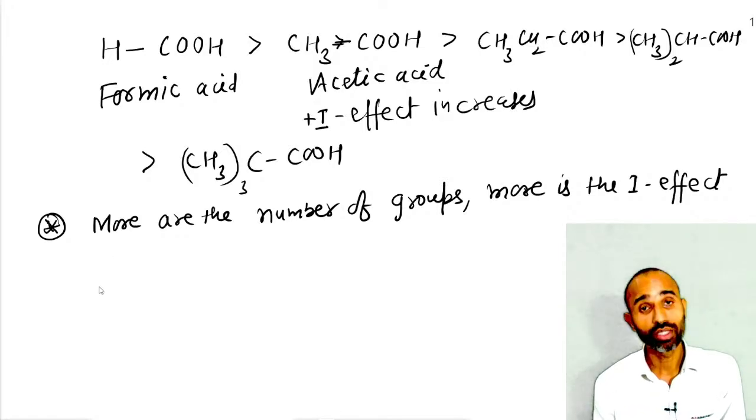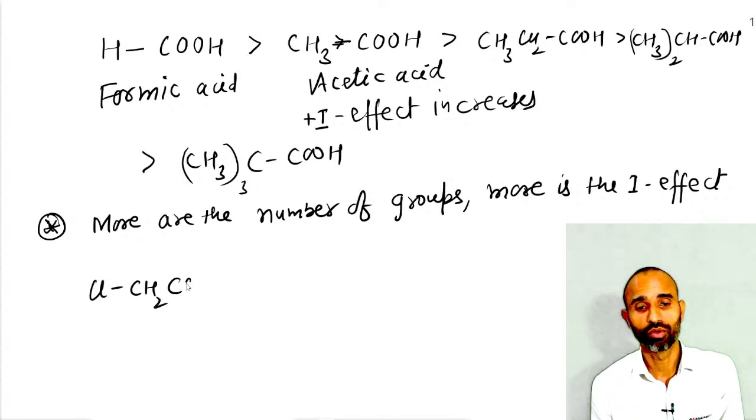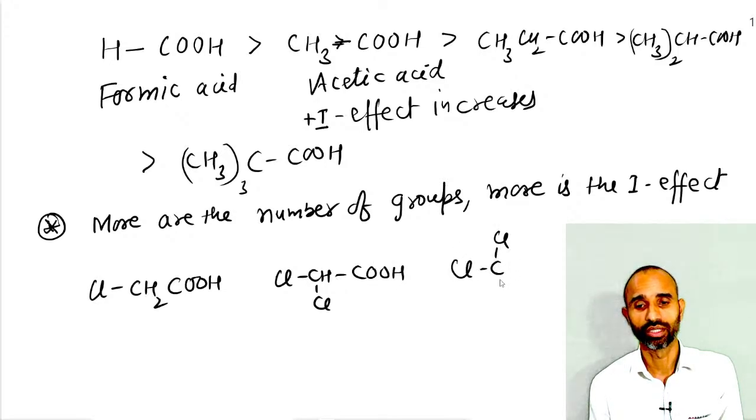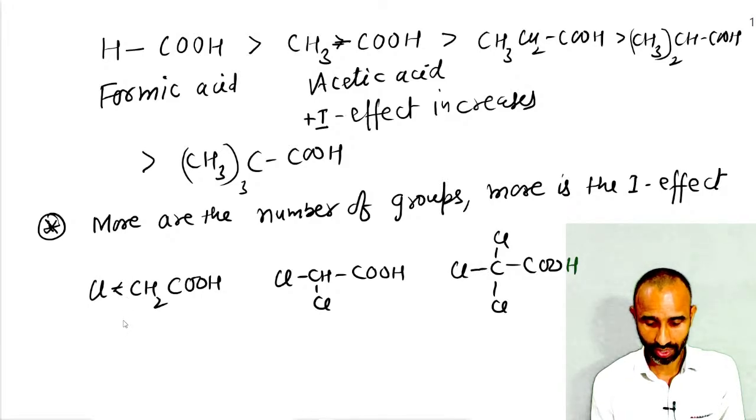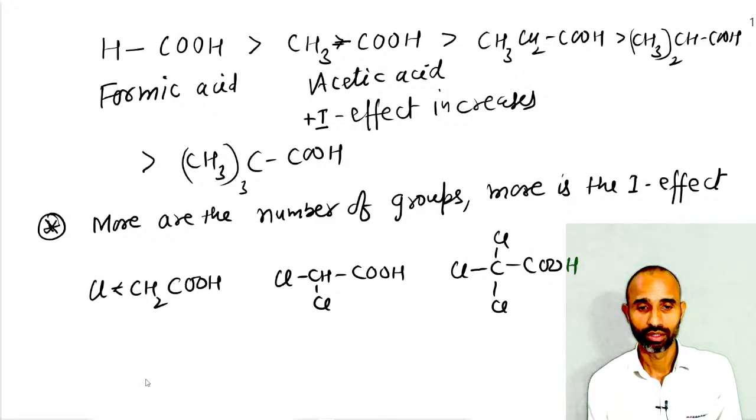Same is the case with chloro groups. If we have monochloroacetic acid, dichloroacetic acid and trichloroacetic acid, tell me, what is the order of acidic strength? So trichloroacetic acid is the strongest. Here in the first case there is only one chloro group, in the second case there are two chloro groups, in the third case there are three chloro groups.